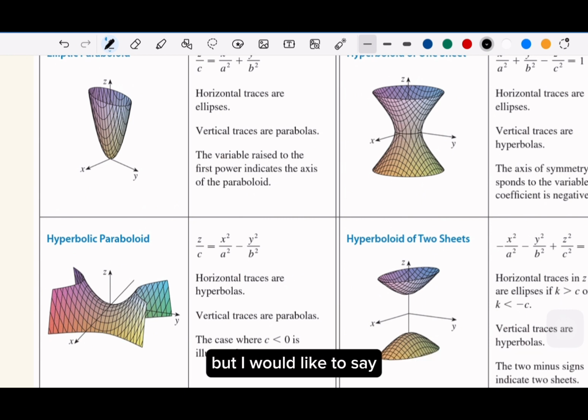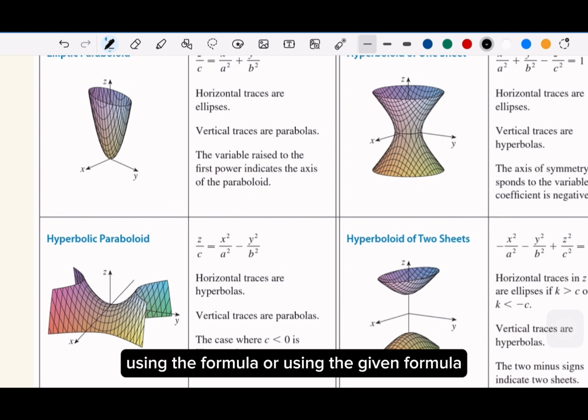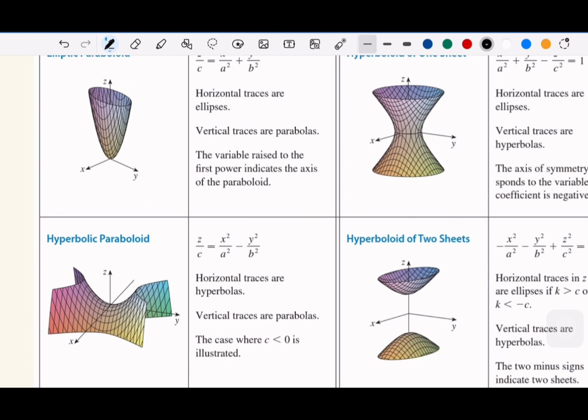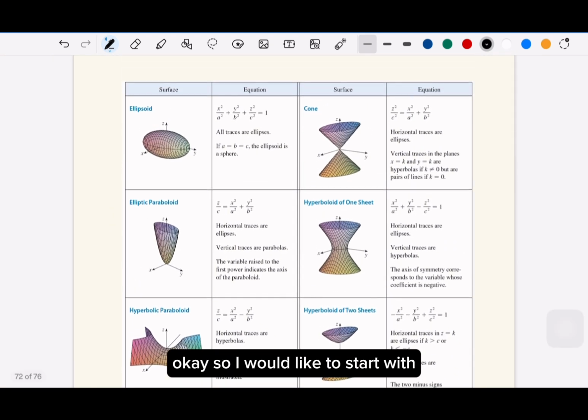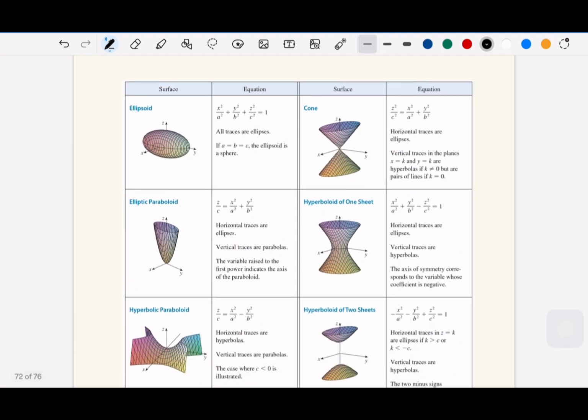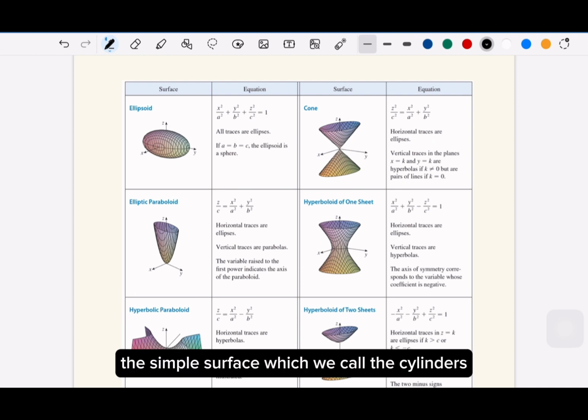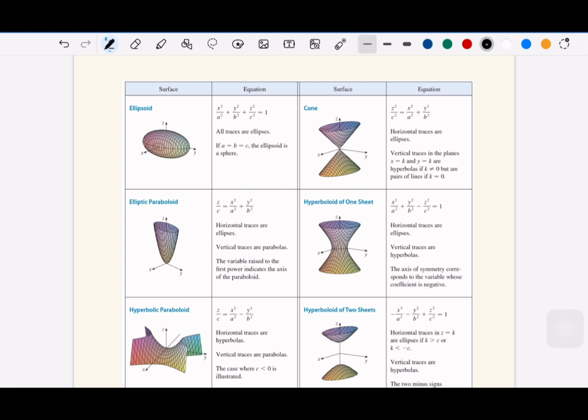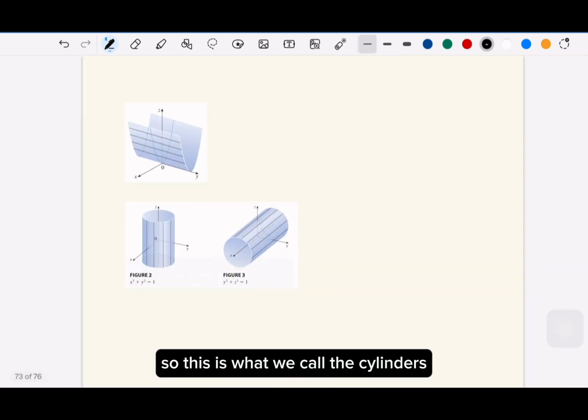We are going to focus more on how to trace this shape using the given formula. So I would like to start with the simple surface, which we call the cylinders.